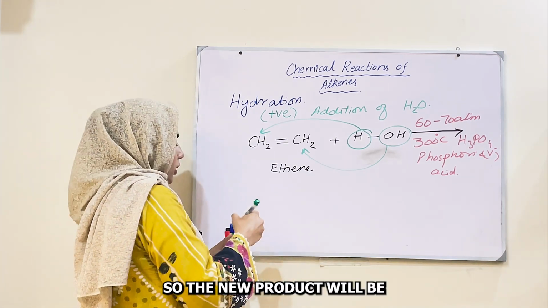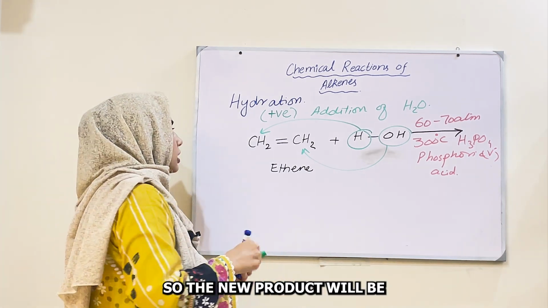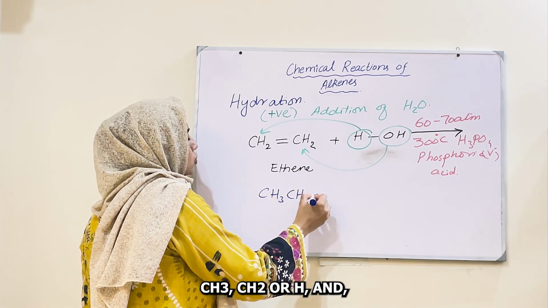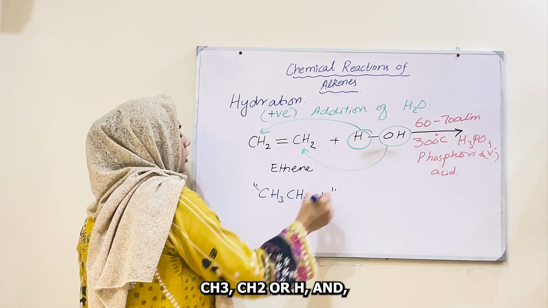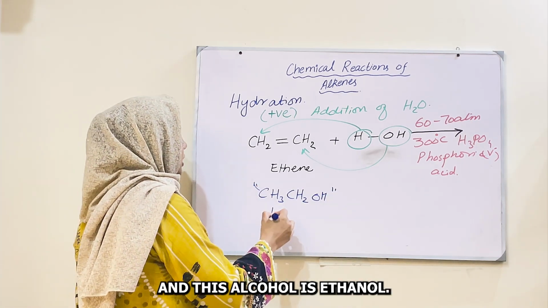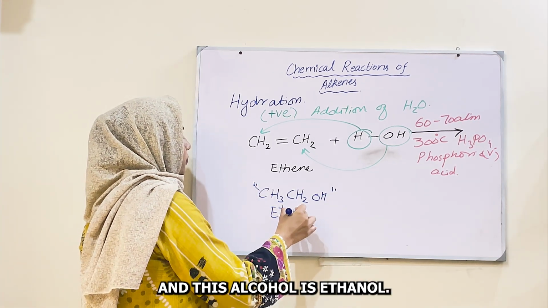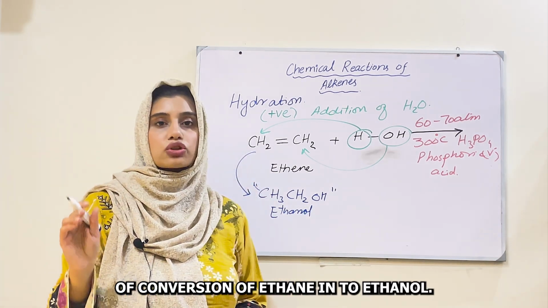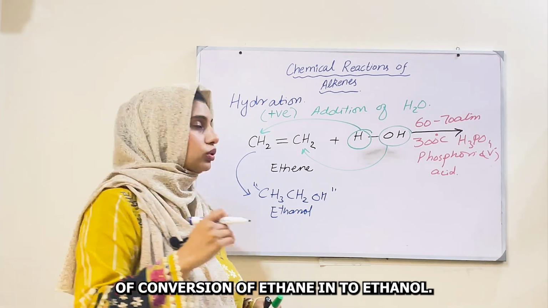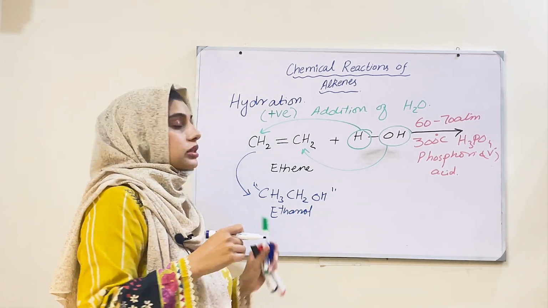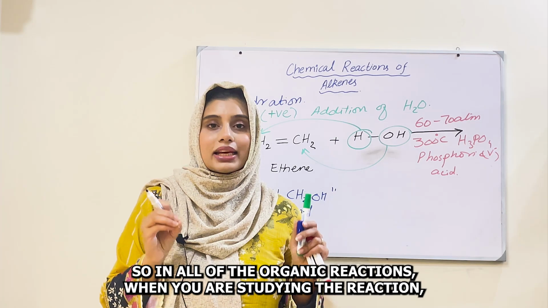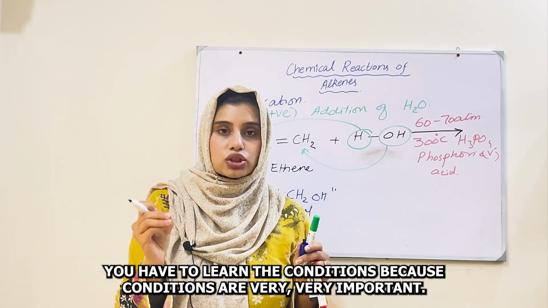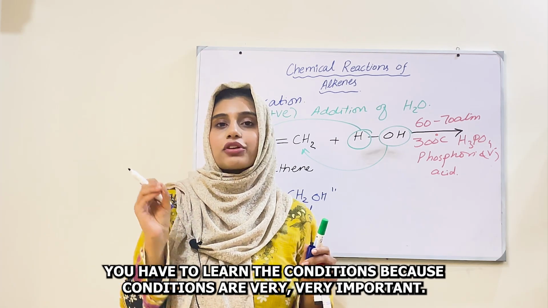So the new product will be CH3CH2OH, and this alcohol is ethanol. So basically this is also the reaction of conversion of ethene into ethanol. In all of the organic reactions, when you are studying the reaction, you have to learn the conditions, because conditions are very, very important.